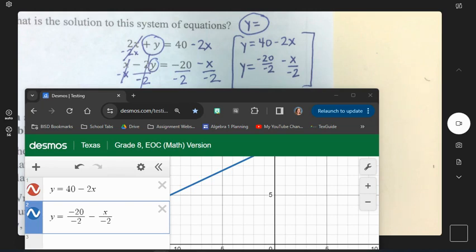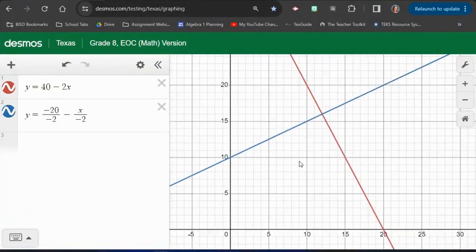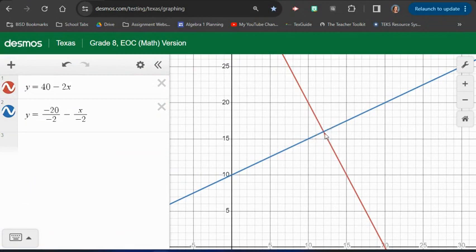Okay, and we want to find the solution. So what we're going to do is zoom out and then click on your intersection.